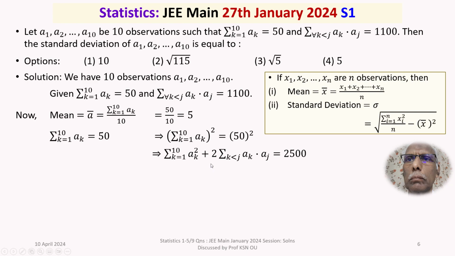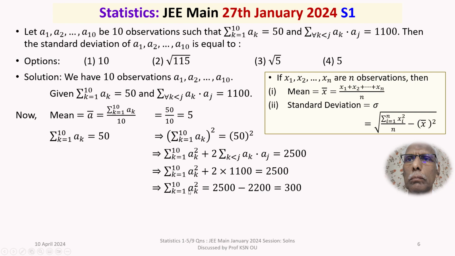Agreed. Now we know the sum of ak aj, where k less than j, is 1100, you substitute that one. So the sum of ak square, k equal to 1 to 10, plus 2 times 1100 is equal to 2500. On simplification, you will get the sum of ak square, k equal to 1 to 10, is equal to 300.